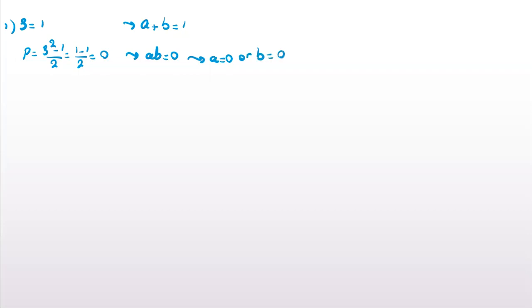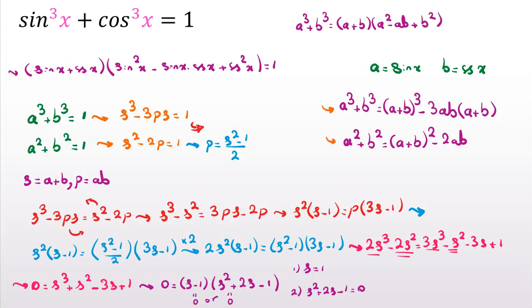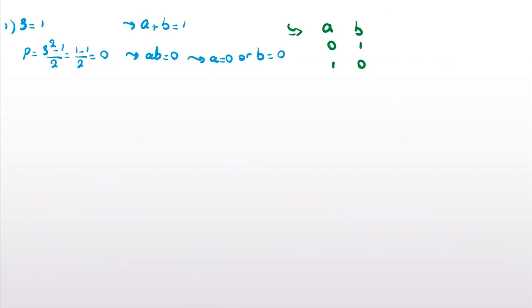If we consider both cases, the first case, a is 0, b is 1. In the next case, a is 1, b is 0. Now we know a is sine x, b is cosine x. In case 1, sine x is 0, cosine x is 1.